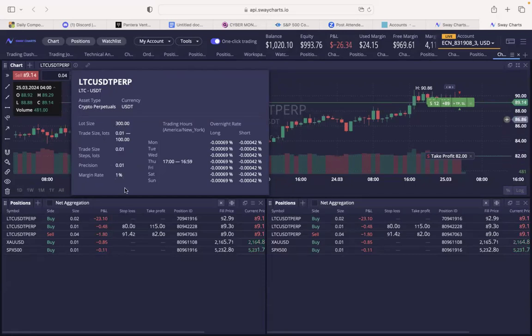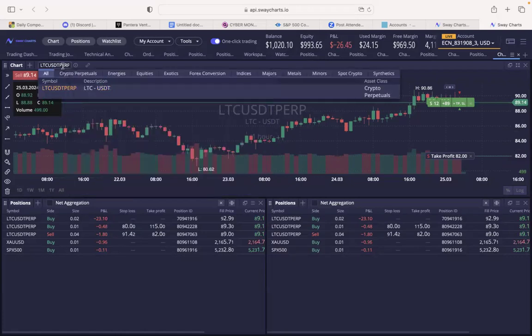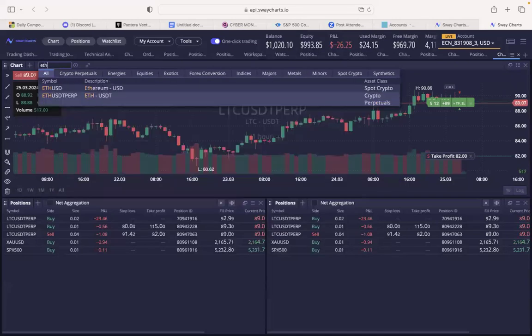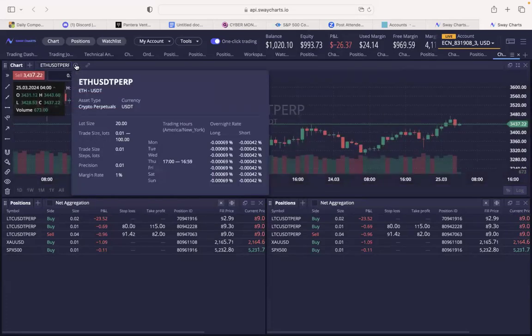When you come here and it shows you the date and all of this stuff, each one is going to be different based on the lot size. For example, if you use Ethereum, you see the lot size of Ethereum is 20, different from the lot size of Litecoin, right?